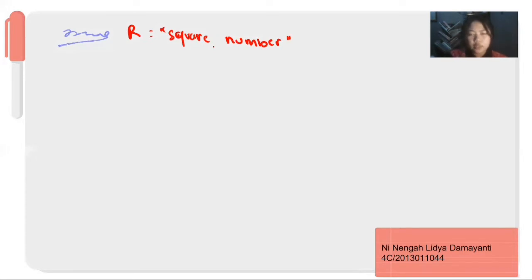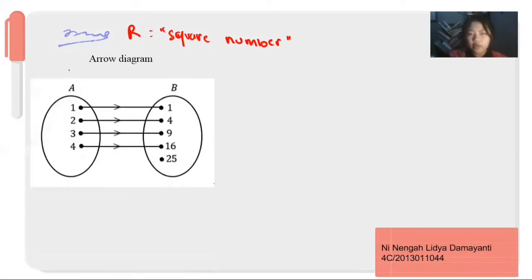The first we will talk about arrow diagram. Now, we have a set A with members 1, 2, 3, and 4. And then set B with members 1, 4, 9, 16, and 25.